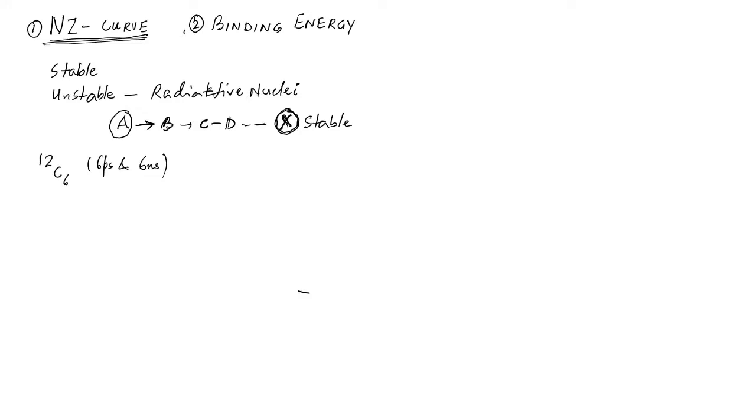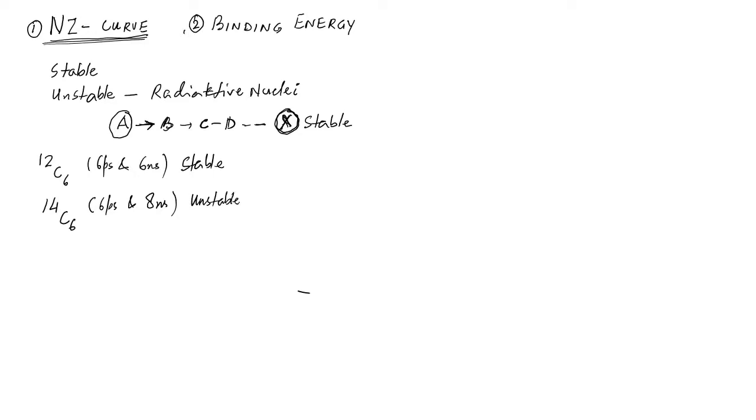But if we say this is carbon-14 with 6, this is an isotope of carbon having 6 protons and 8 neutrons, and this is unstable.